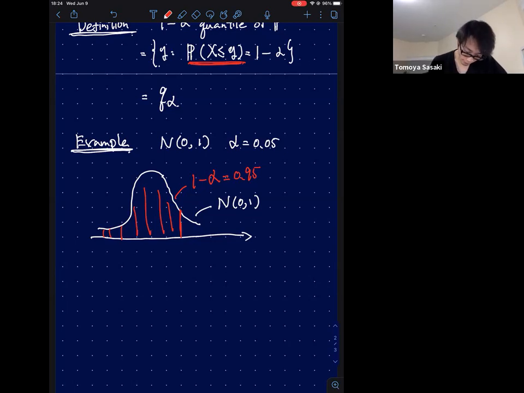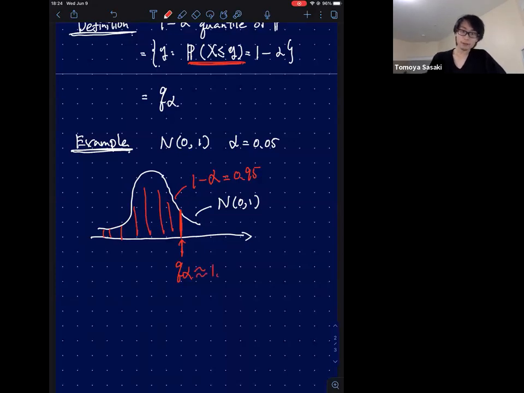And when we say quantile, it's the value here. This is the quantile of this distribution.